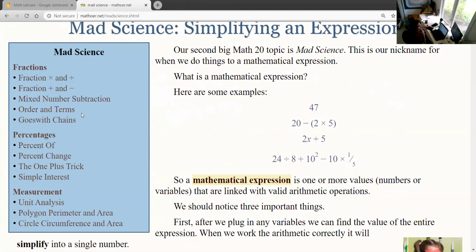And regardless of if you know PEMDAS well or not, terms just helps you take a long expression and manage it, make it into smaller bite-sized pieces. Goes with chains we mentioned, but that's more just to implant a seed of something in your brain.